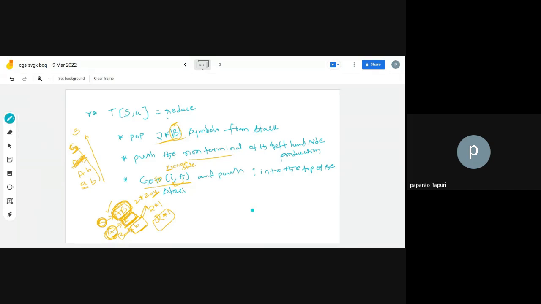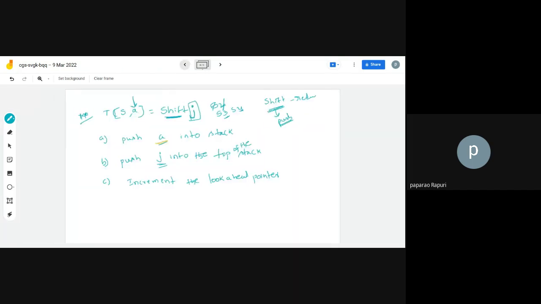So here I'm explaining what is I and what is A. Suppose I is the previous state. For example, the previous state is 1. So in this case we need to check 1 comma A in the table.